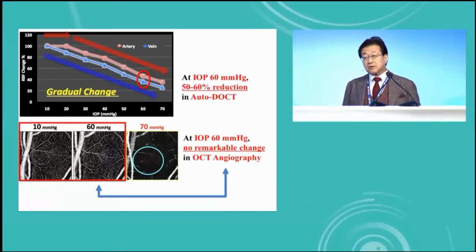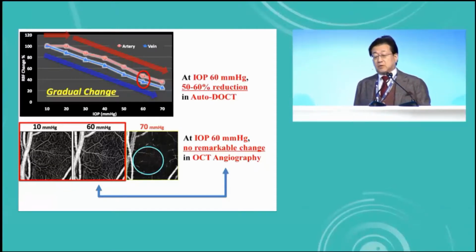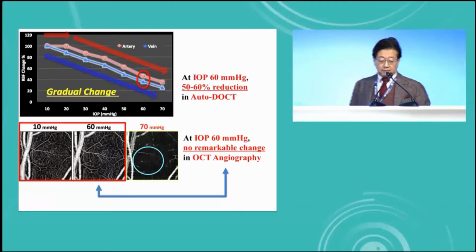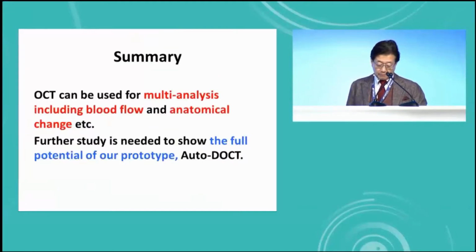There's a big discrepancy, and we have worked on comparing the two, and right now we have reached the point that this could be a more gradual change. Because of the patent, I'm sorry I cannot tell you today.